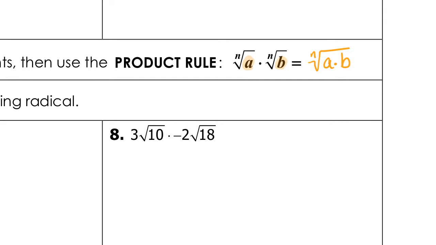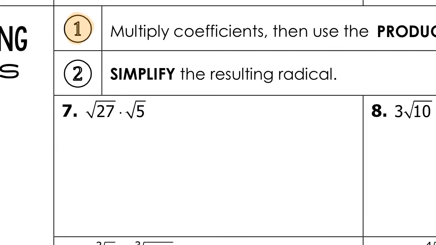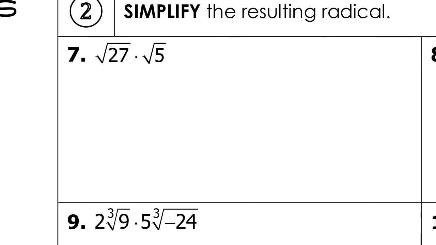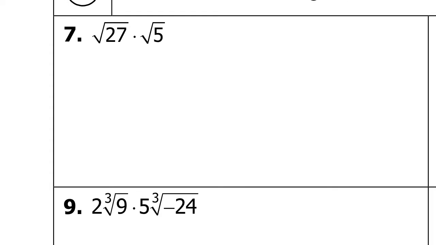And so what we're going to do is take a look at an example where you have just one radical times another, and then we'll take a look at one with coefficients, and then how to multiply binomials that include radical symbols.